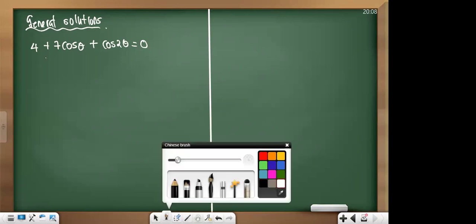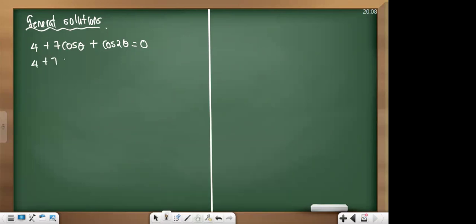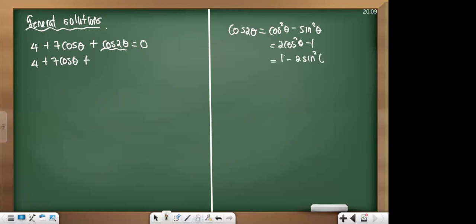That will be 4 plus 7 cos theta plus, I see something. Remember this, it has 3 babies. The first baby: cos squared theta minus sine squared theta; 2 cos squared theta minus 1; 1 minus 2 sine squared theta. The question is, which one am I choosing?